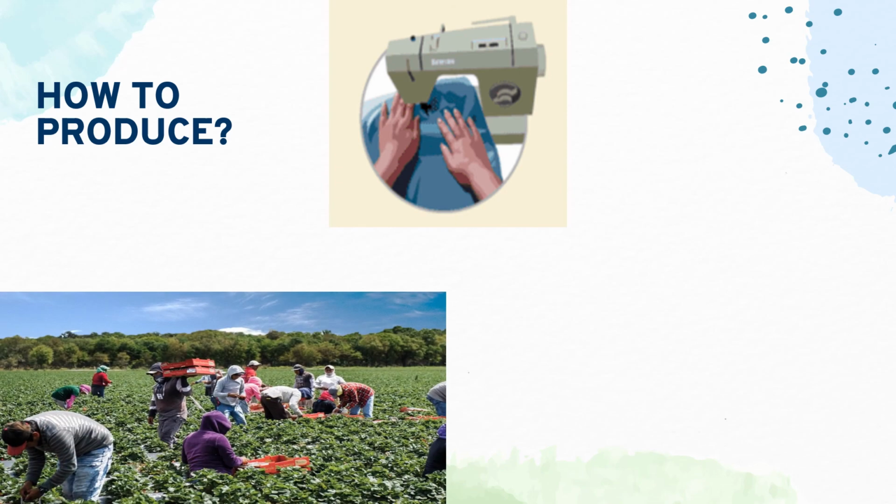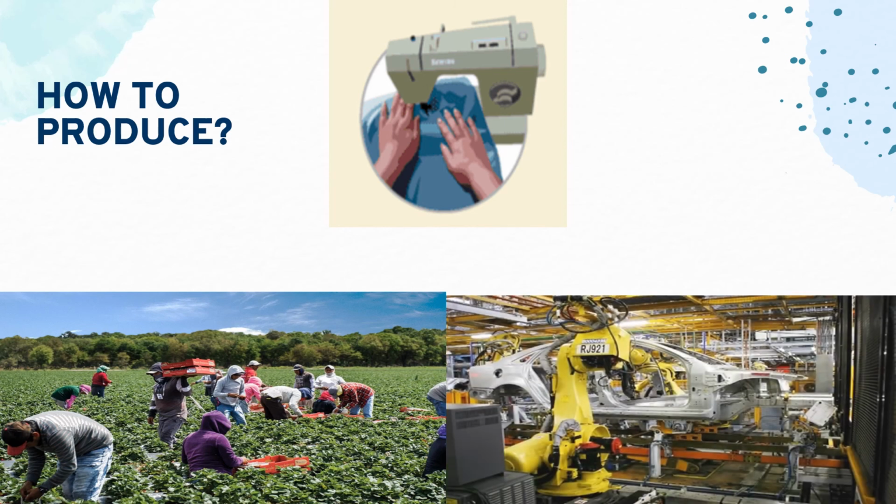Once we decide what to produce, the next central problem of the economy is deciding how to produce. For example, in the example that we took of producing a shirt, that is what was decided, we can use a sewing machine and a tailor. Now I'd like you to look at this picture. You see some kind of harvesting is going on. We see a lot of laborers on the farm or the field, and we can clearly see there's hardly any capital being used. Conversely, look at this picture.